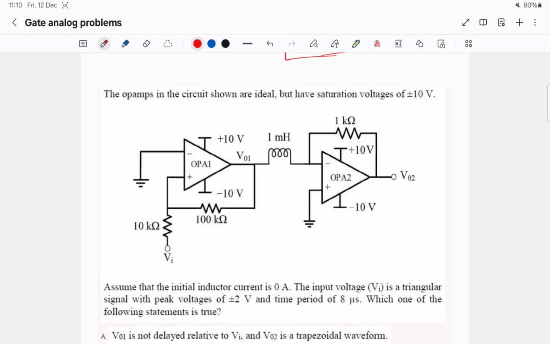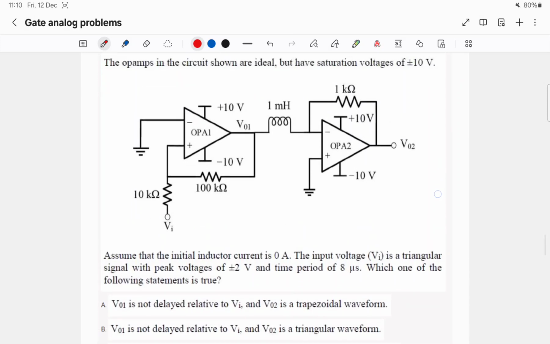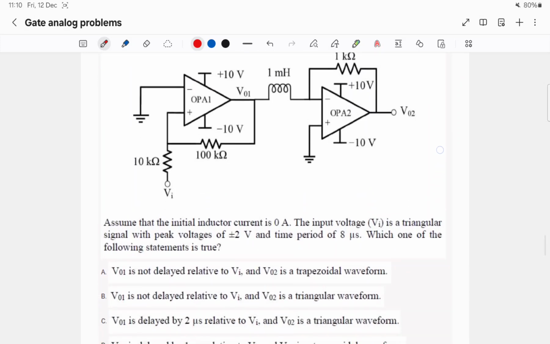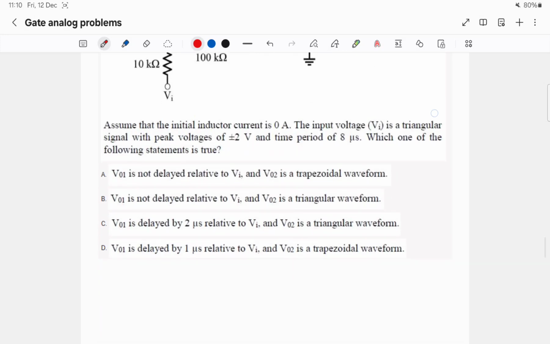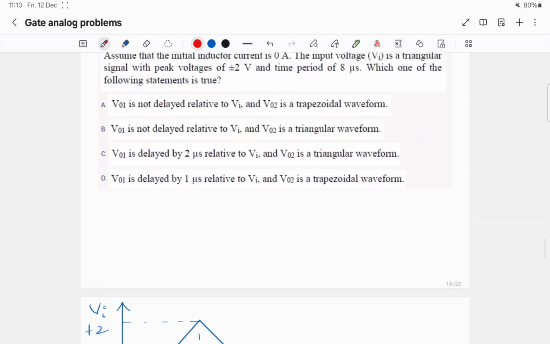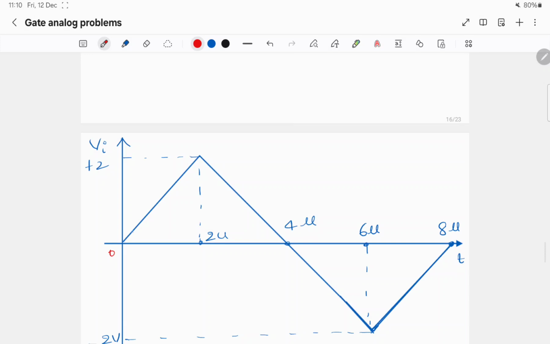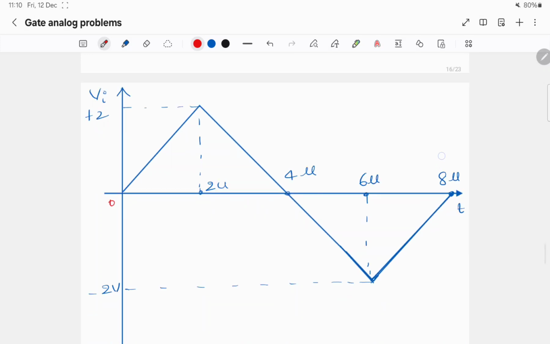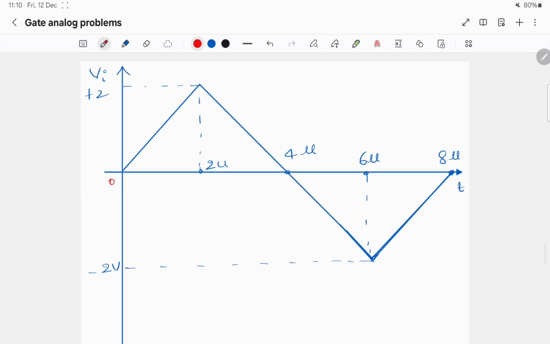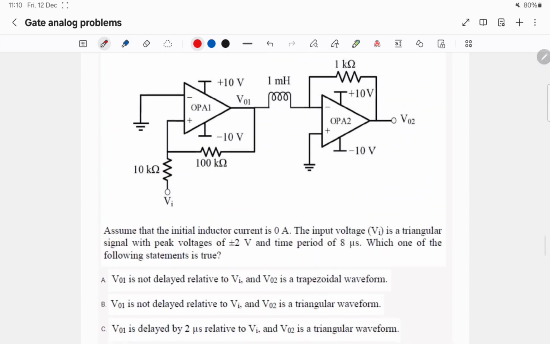So the second question is based upon the op amp. In this question, they have given that the input signal is a triangular wave which is varying from +2 to -2 with a time period of 8 microseconds, and we have to find the relation between Vi and VO1, Vi and VO2.